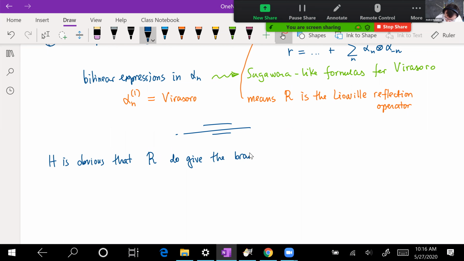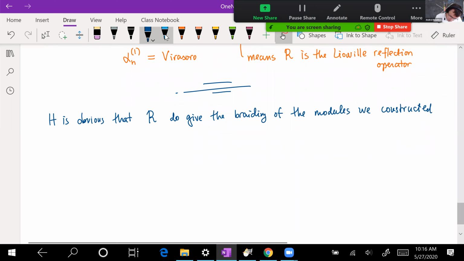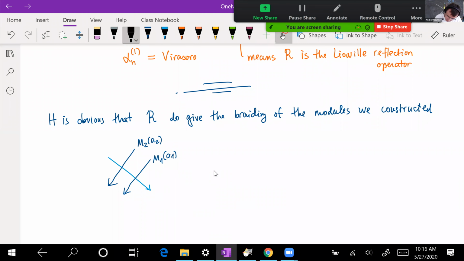The braiding of this module in the category of modules. Because if I want to put two modules in the opposite order, I might achieve this by Yang-Baxter.